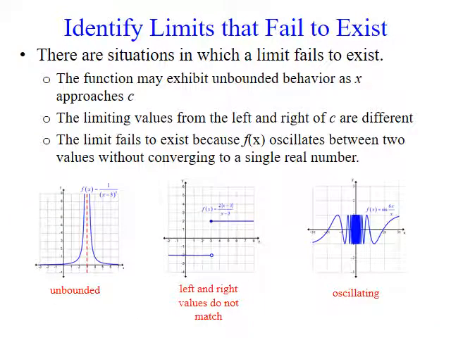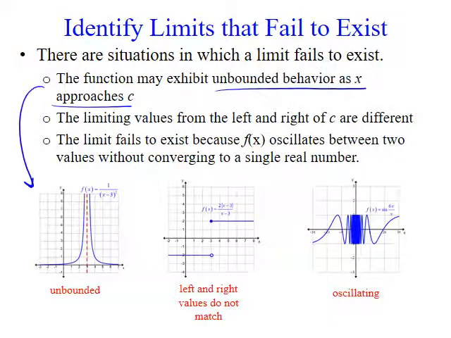Now, there are occasions in which the limit does not exist. There are 3 situations when a limit does not exist, and they are listed here. The first example of when a limit does not exist is when the function has an unbounded behavior as x approaches c.